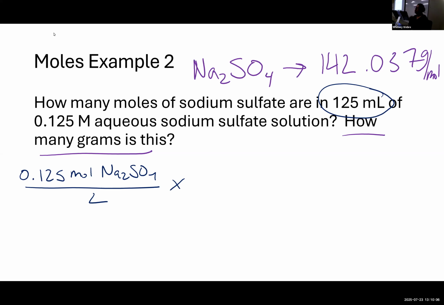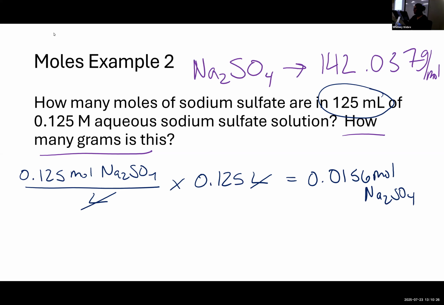So 125 divided by 1,000, or move the decimal over 3 times, 0.125 liters. And the liters will cancel and give me 0.0156 moles of Na2SO4. So that is how we can figure out moles.